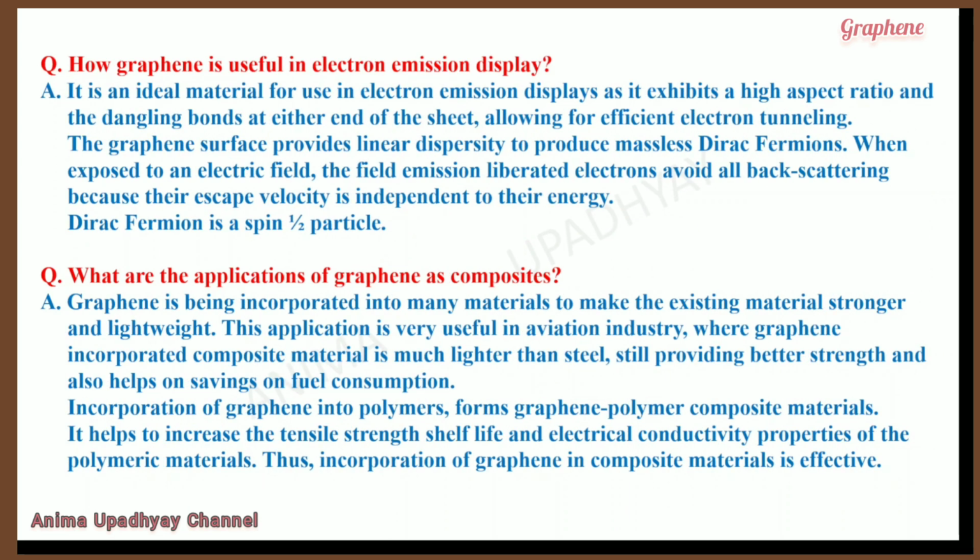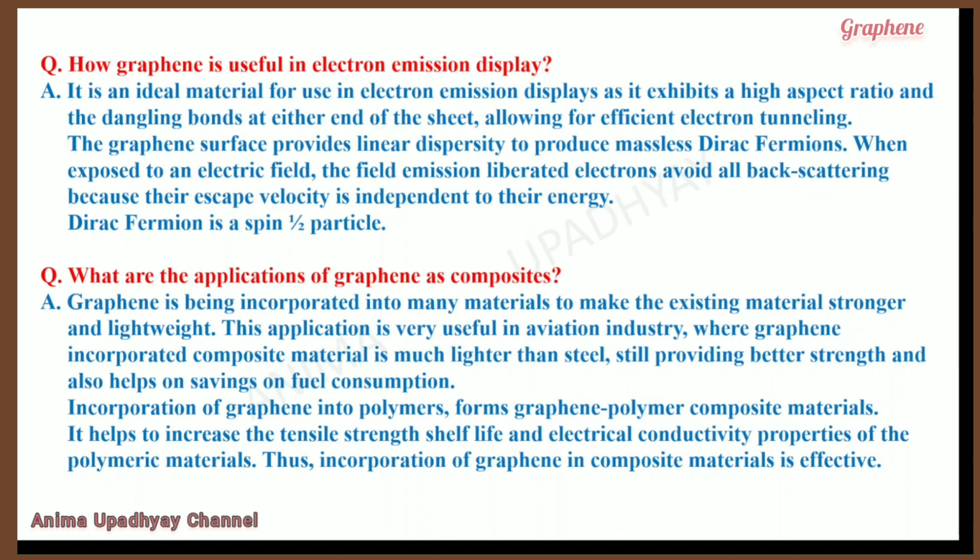How is graphene useful in electron emission display? It is an ideal material for use in electron emission displays as it exhibits a high aspect ratio and dangling bonds at either end of the sheet, allowing for efficient electron tunneling.